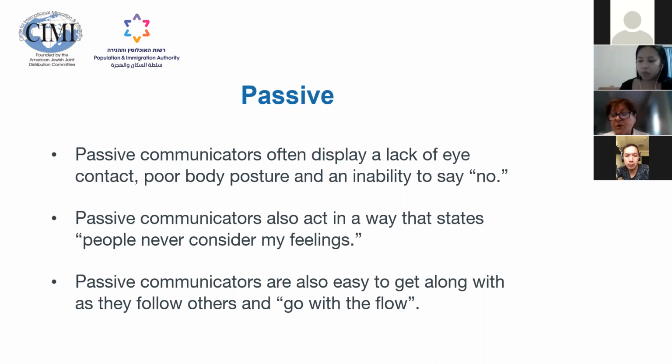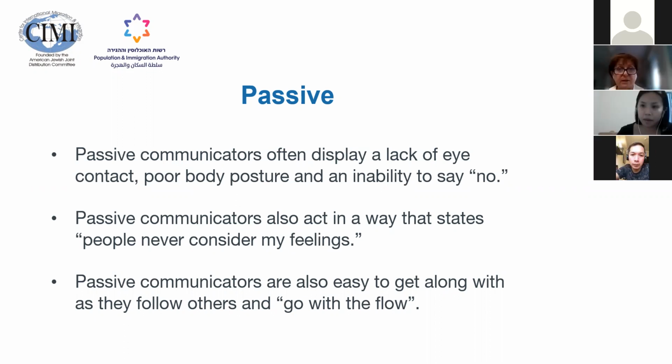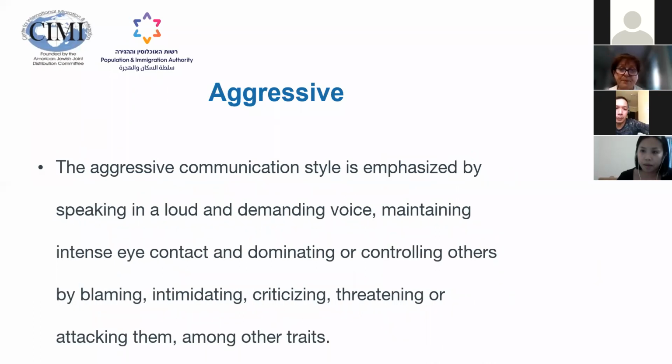Because if we don't know how to say no, if we don't have direct eye contact with the people we're communicating with, we can very easily be misunderstood and taken advantage of. So I think that this is not a very positive way to communicate, as I'm sure you would agree.